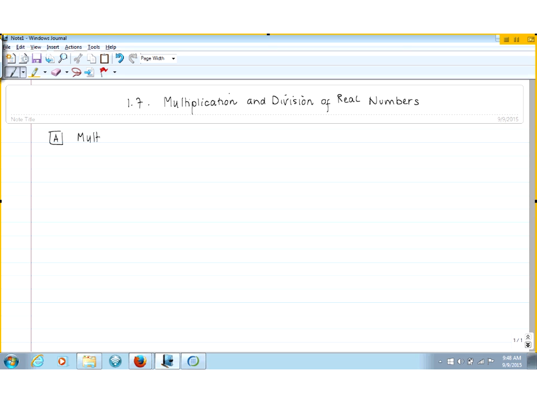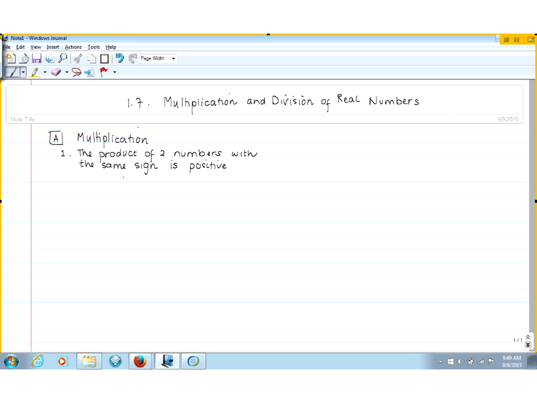So, A. Multiplication. We will be concerned with the signs, right? What if they both have the same sign? So the product of two numbers with the same sign is positive or negative?